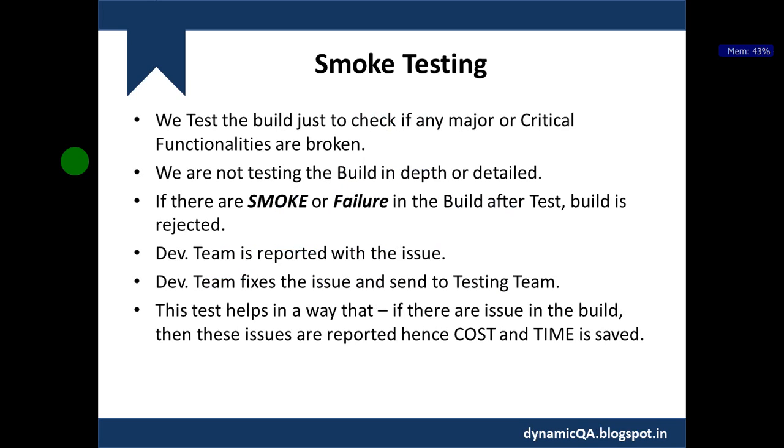Now you may ask how time and cost are associated. Think: if this testing is not performed and the build is released to the QA team, suppose functionality F6 is broken, from my last picture, and F6 is tested on the fourth or fifth day of testing. If a major functionality is broken, the build will roll back and the development team will give a new build.